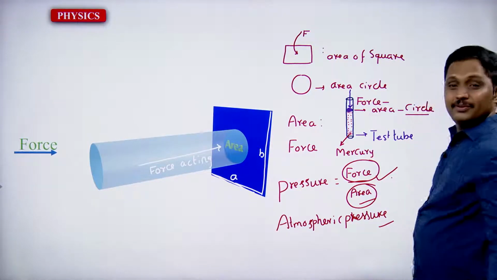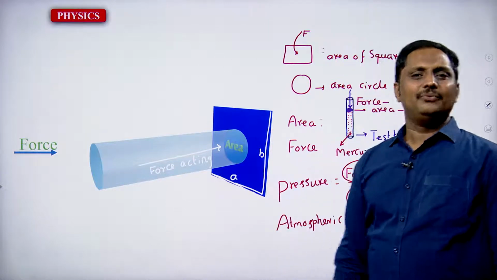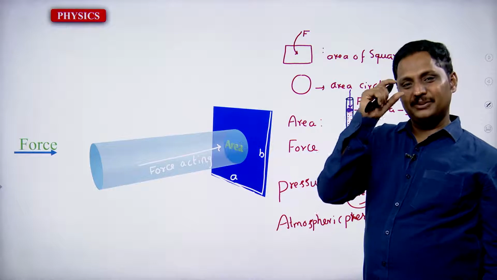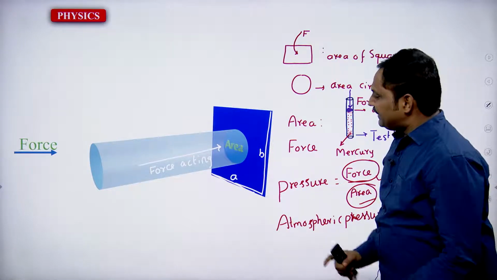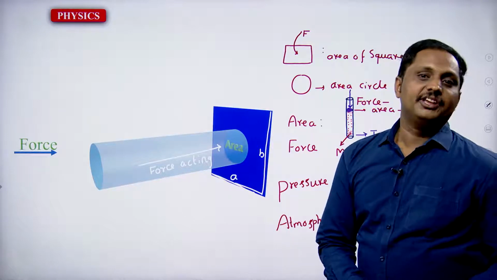Generally, you know very well about 76 cm of Hg, that is how it is measured.